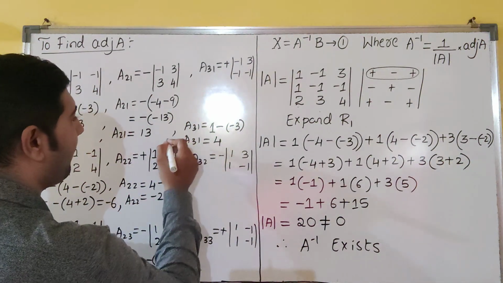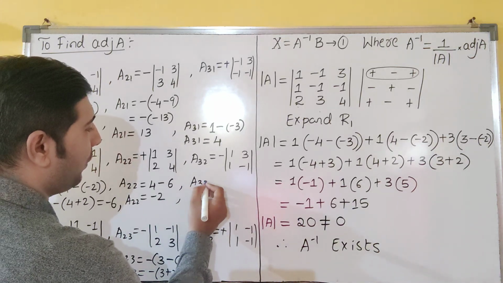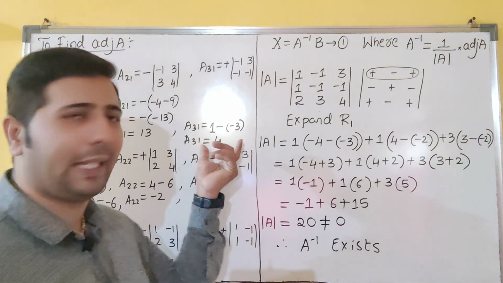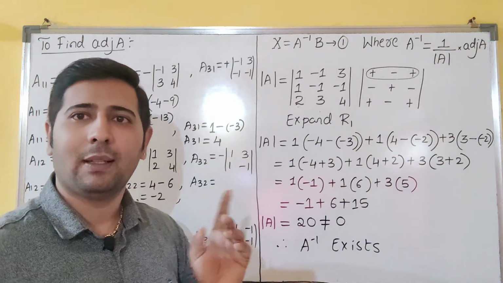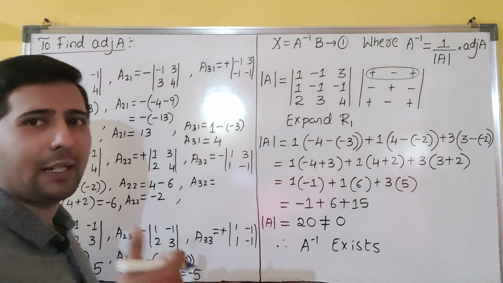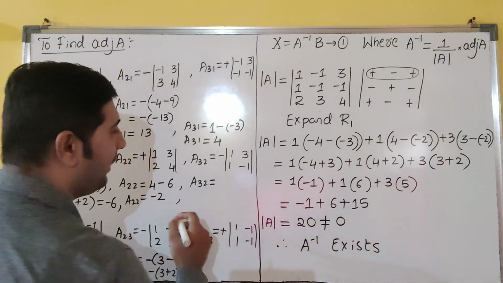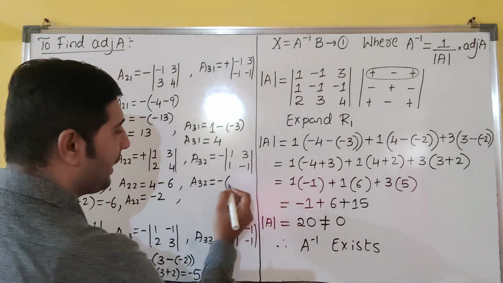So now see. Now A32. If you are seeing this properly, please comment. Sir, we can observe. Fine. If you have understood, say it in the comment. Then I will be very happy that you are understanding.